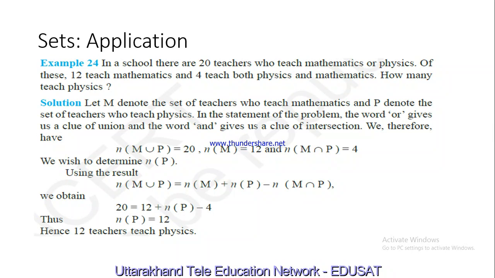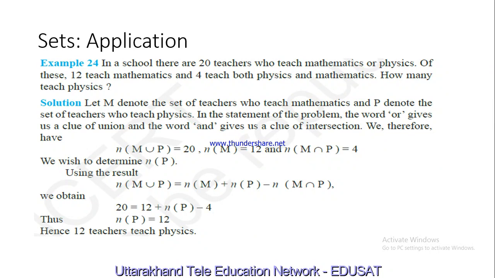So and, or both would mean intersection, while or, in Hindi we call it ya, athva, that will basically be the value of the union. And that is what has been done here.